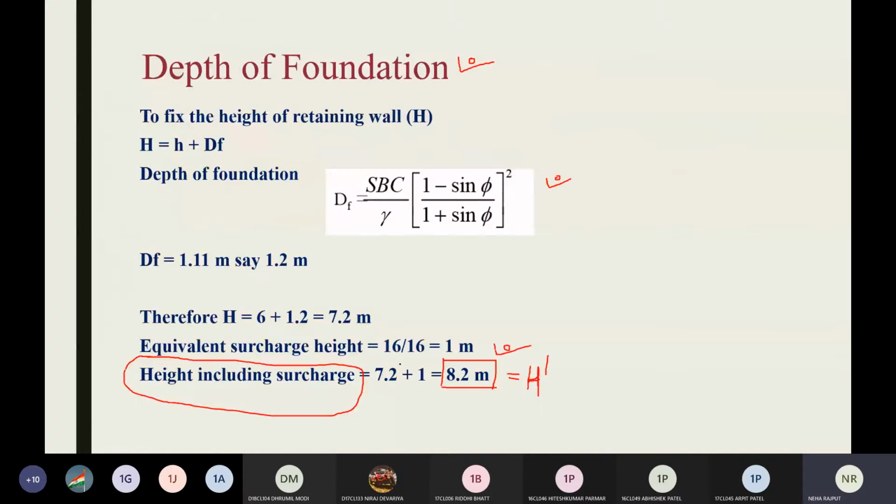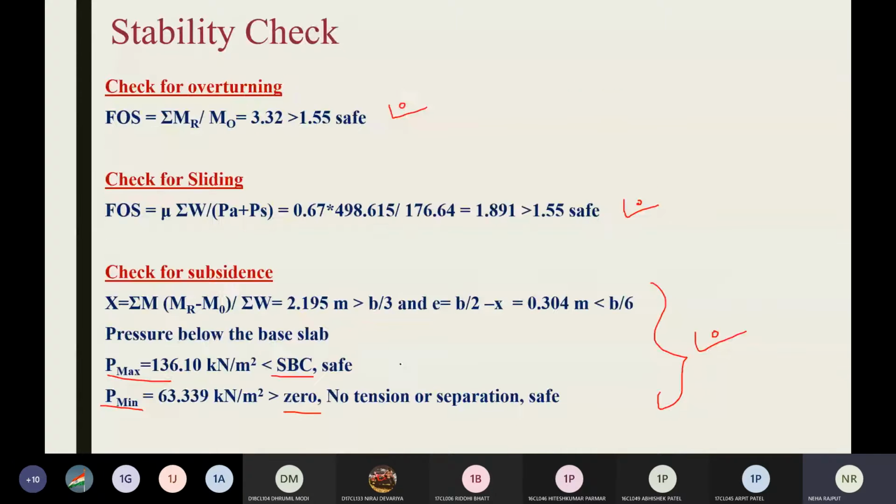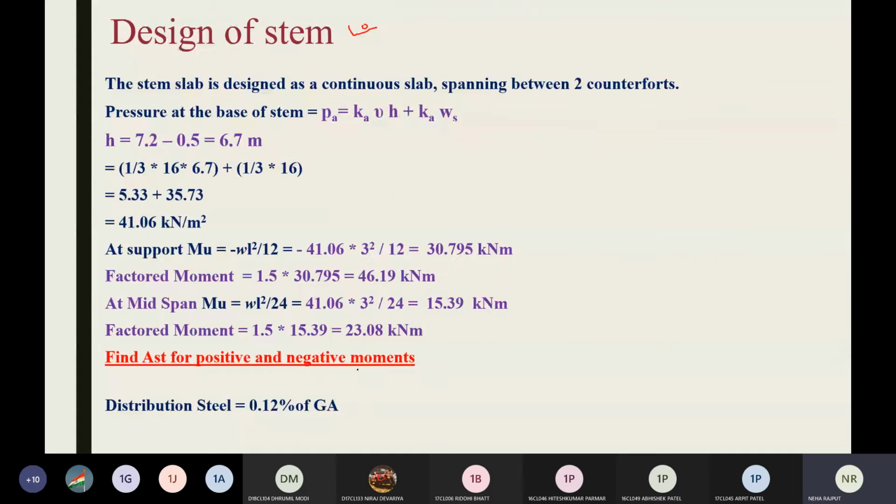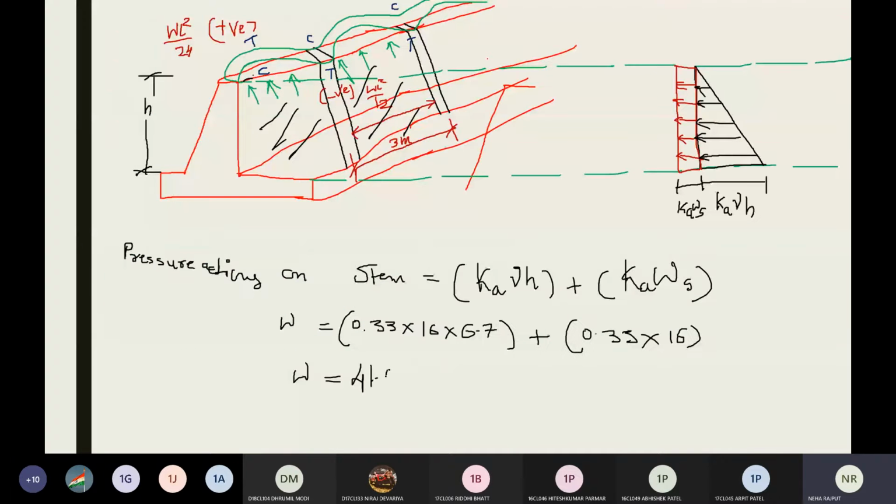Surcharge load is given as 60. If you calculate this term, then your W will be 41.06 kilonewton per meter square. So I am having the pressure, or in terms of load, acting on the stem part.